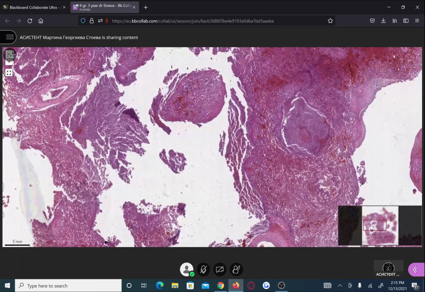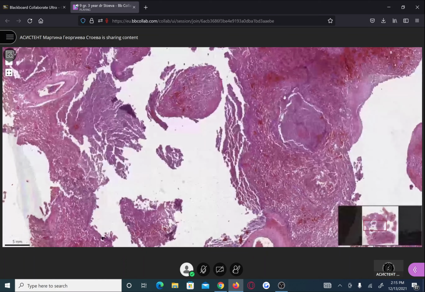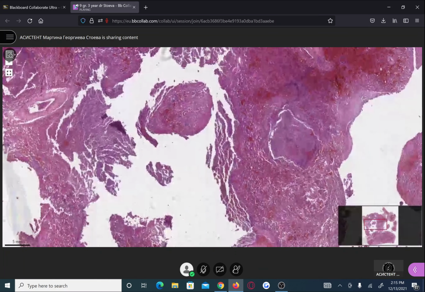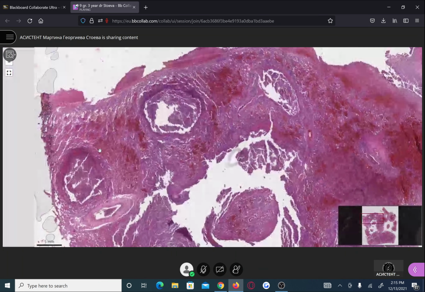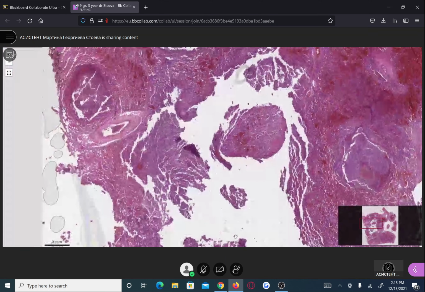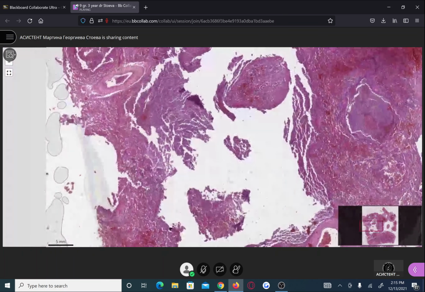If there are multiple small abscesses like these ones, they can't be drained. But if there is a large abscess, it can be drained, and in many cases, large abscesses drain themselves within the bronchi, and then they are excreted as sputum.